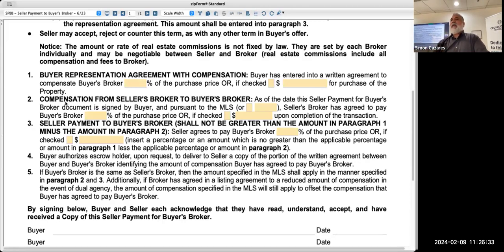Now, we have some ammunition on this that I think we're okay because we have an email from the managing broker approving the lesser amount. So with that, we should be able to not pay the difference, but it's a standard violation, that's 3.2. Yeah, so it's going to be interesting how that all lays out.